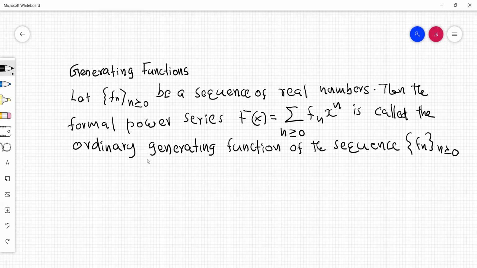So if you are given any real number sequence, then the associated generating function for that sequence can be defined like this.